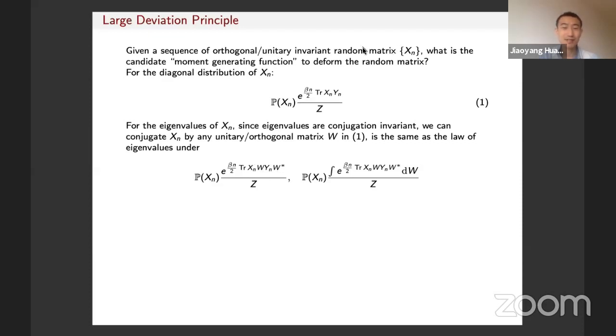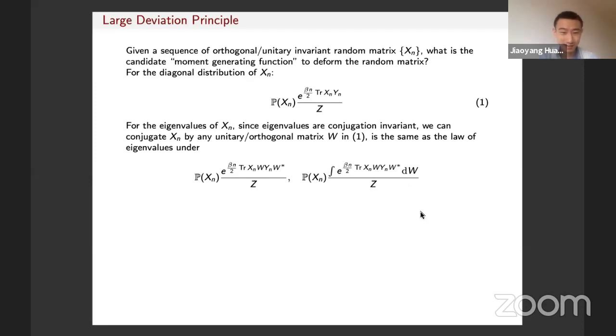And because the law of Xn is unitary or orthogonal invariant, W Xn W star will have the same law as Xn, so we still have P of Xn here. Because this object is independent of W, we can choose W to be any unitary or orthogonal matrix. So we can just average it over all the unitary or orthogonal matrices, integrating dW using the Haar distribution. And it turns out that to study the eigenvalues of Xn, we need to tilt the measure using this object, which is the spherical integral.